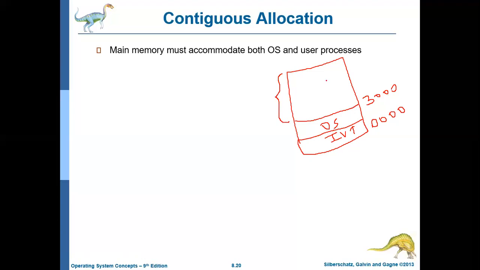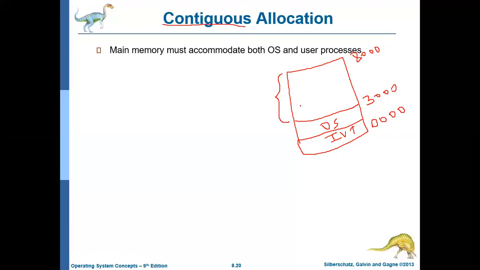So now the remaining space is empty. Let us assume the memory totally has up to 8000 locations. Now these 3000 to 8000 addresses will be used by user processes, in a contiguous, that is continuous, way.